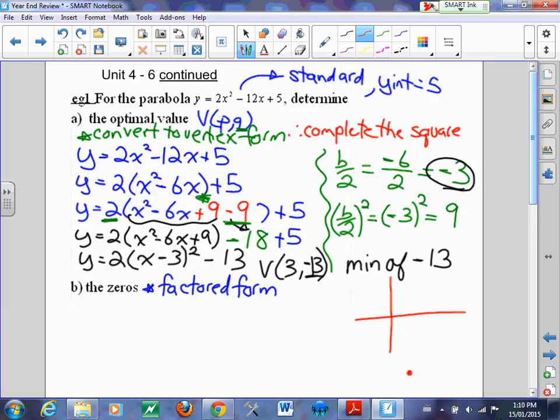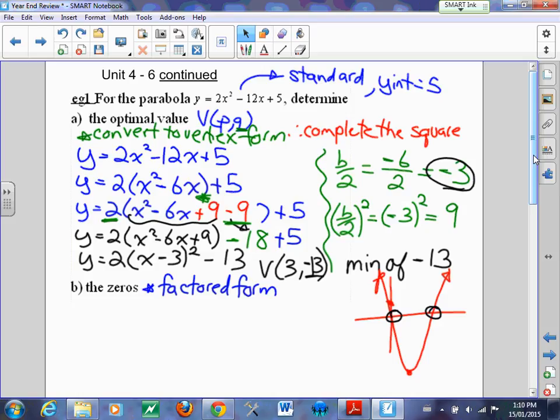We know that the y-intercept is 5, so it's got to come up like this and do the same on the other side. Okay? So factored form, so for B, we want to find where it hits the x-axis, okay? So to get into factored form, you want to let y equal 0.